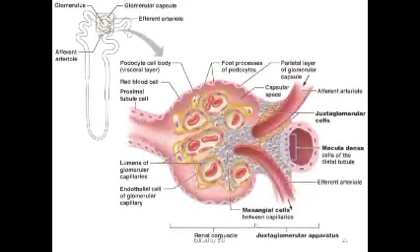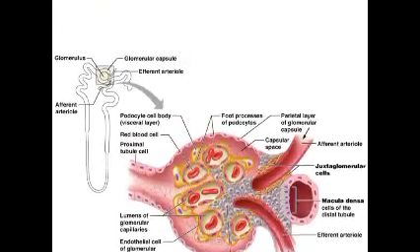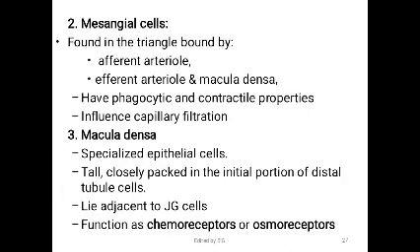Here is its diagram. Mesangial cells are found in the triangle bound by the afferent arteriole, efferent arteriole and the macula densa.